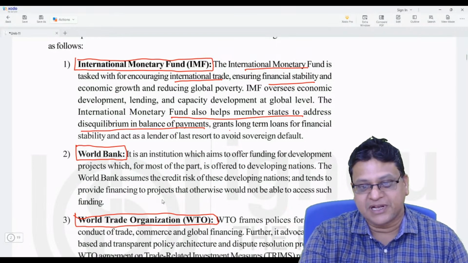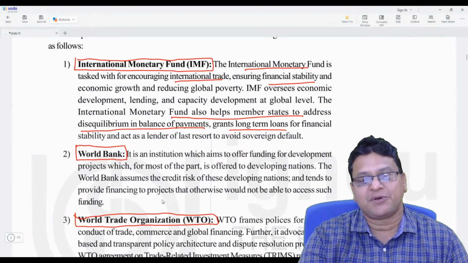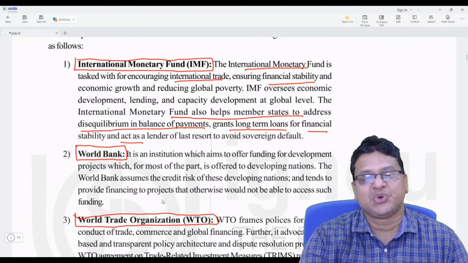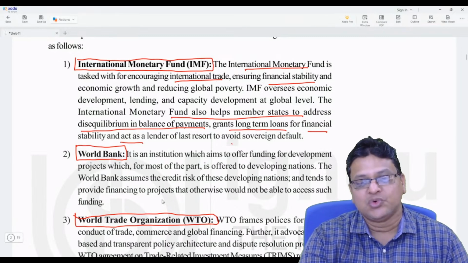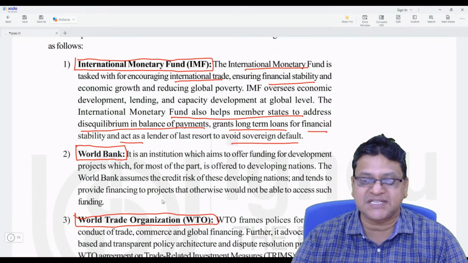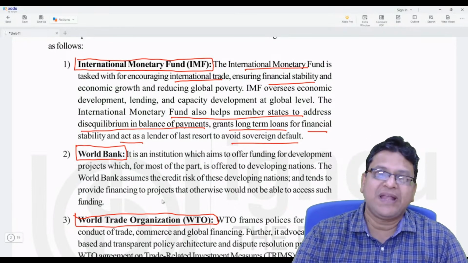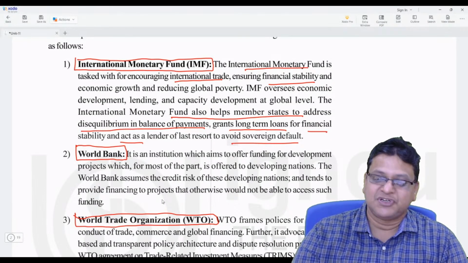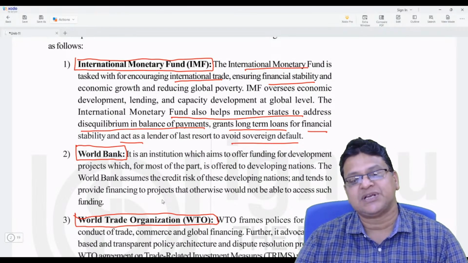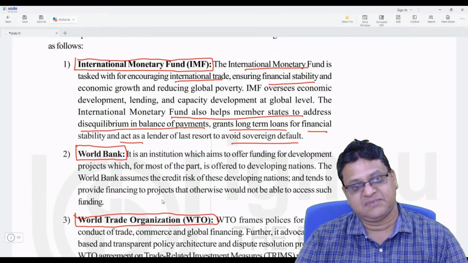So IMF grants long-term loans for financial stability of the countries so that there will be no sovereign default crisis. What is sovereign default crisis? When a country itself does not fulfill its foreign obligations, that is known as sovereign default.